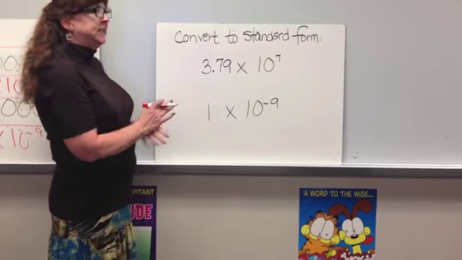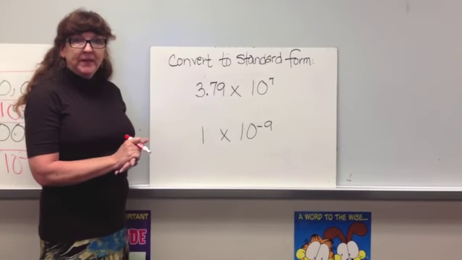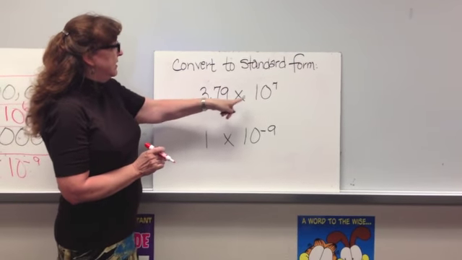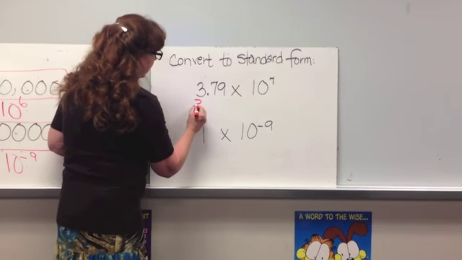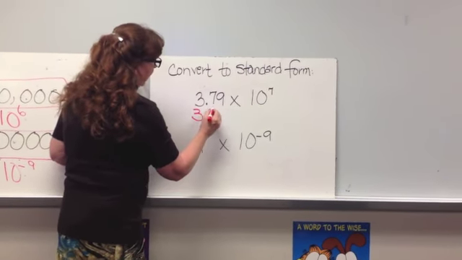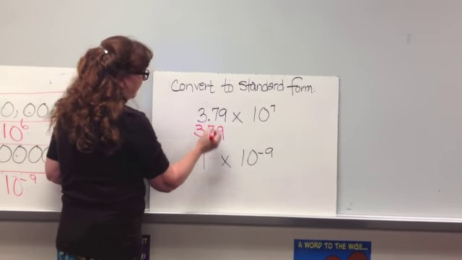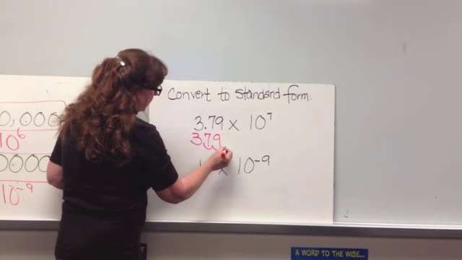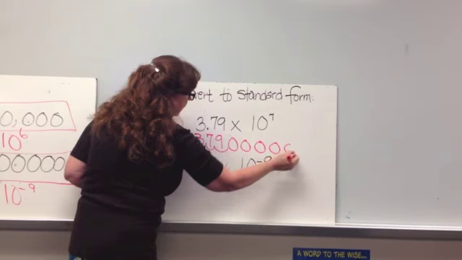Okay, here are our next examples. These numbers are in scientific notation, and we're going to put them in standard form. So first we have 3.79 times 10 to the 7th power. So I'm going to go ahead and say 3, and then I've got to count here. I'm going to count from my decimal, and I'm going to go 1, 2, 3, 4, 5, 6, 7.